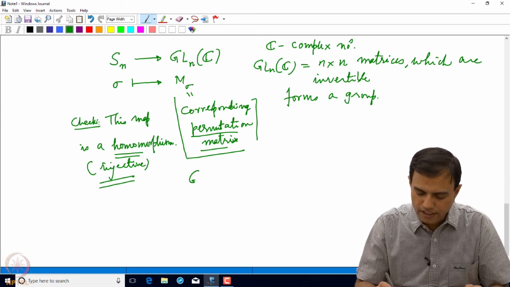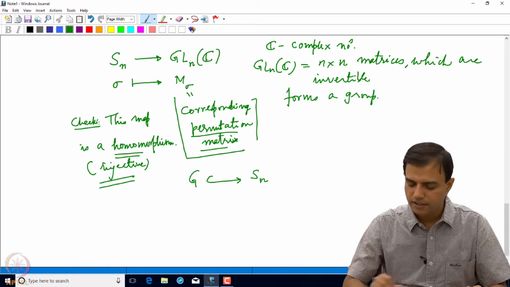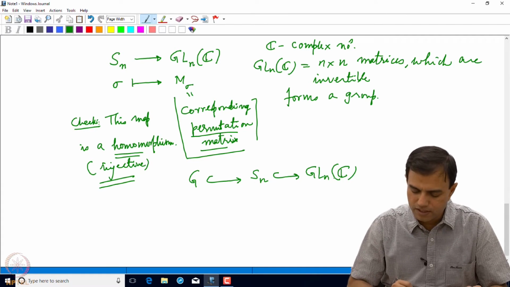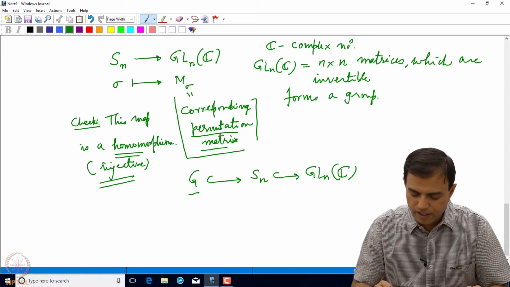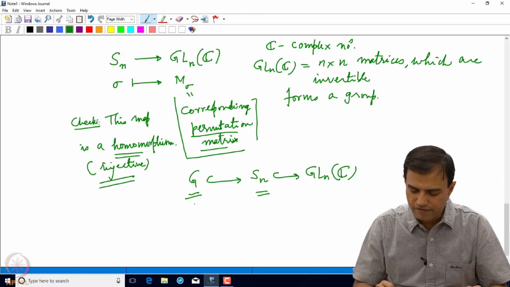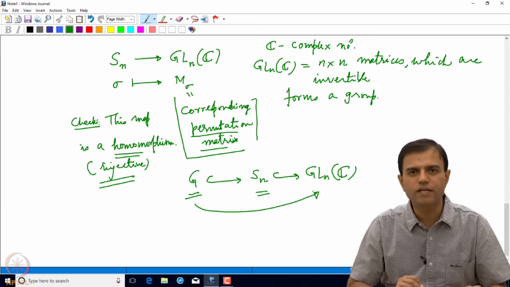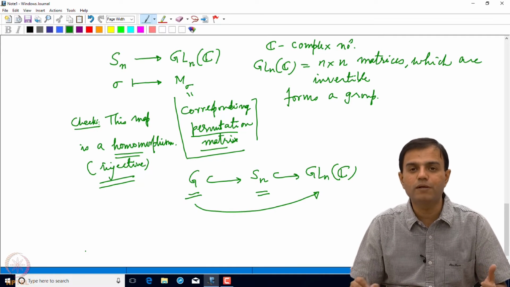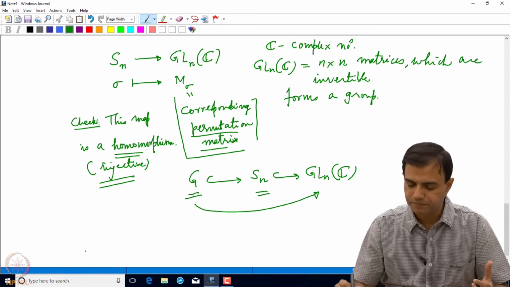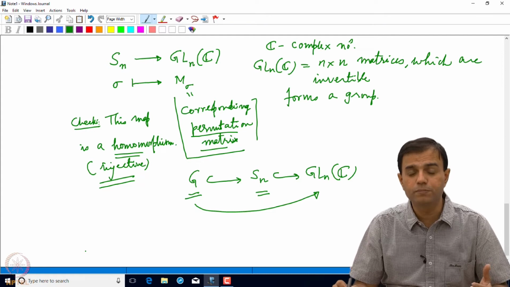So any group sits inside Sn and Sn sits inside GLn over a field, say the complex numbers. Therefore every abstract group can be thought of as a permutation, and every abstract group can also be thought of as a matrix. So matrices and permutations are very concrete examples of elements of a group.